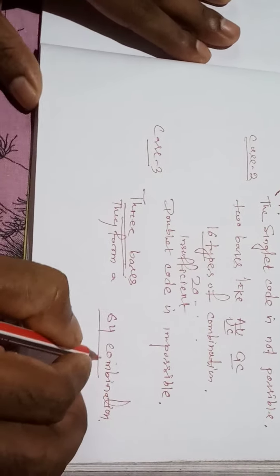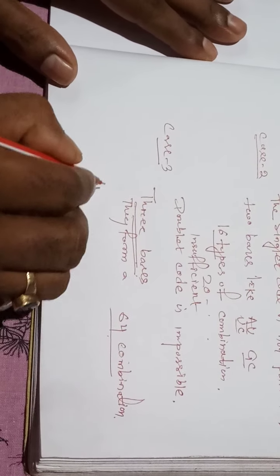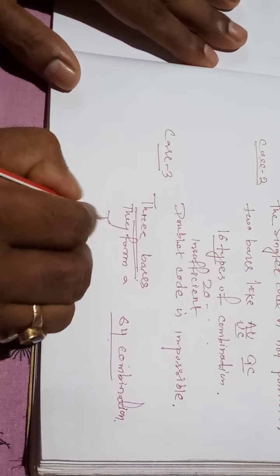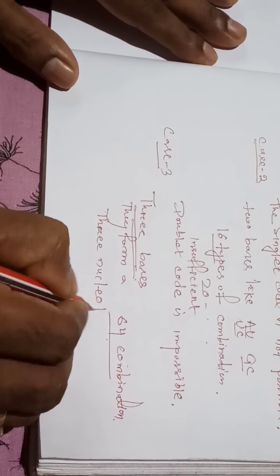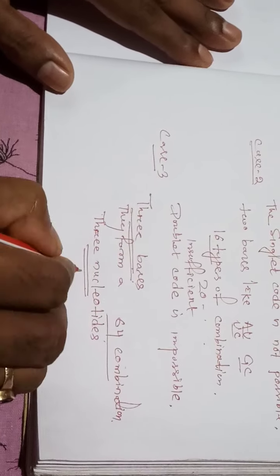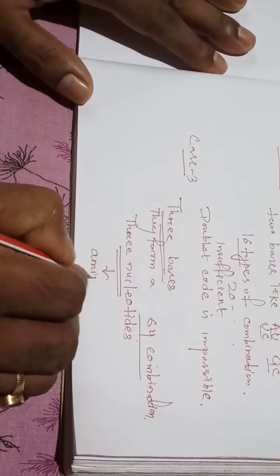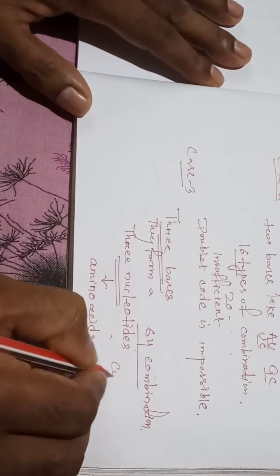This 64 combination codes for 20 different types of amino acids, which is sufficient. So the genetic code consists of 3 nucleotides. 3 nucleotides specify an amino acid, and these 3 nucleotides are called a codon.